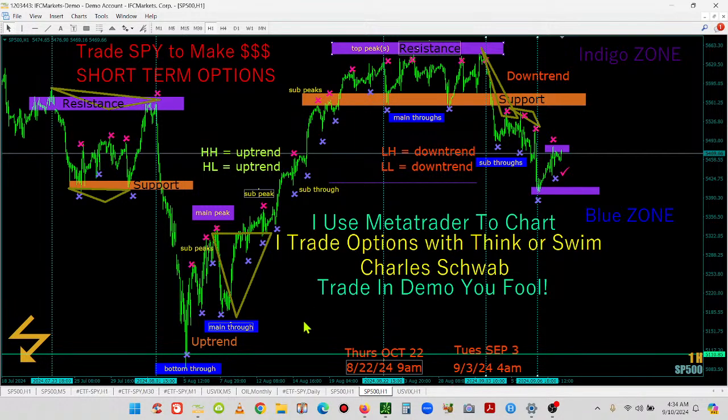Okay? Why does this say indigo? Why does this say blue zone?